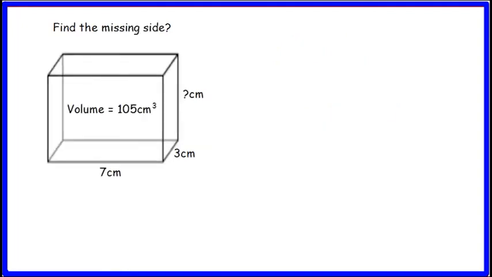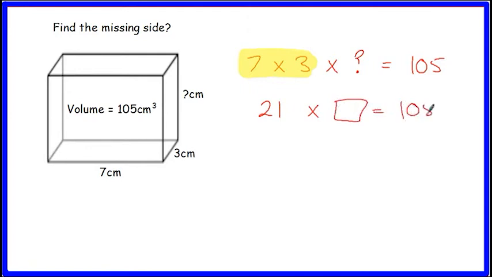Find the missing sides. Okay, so I've got the volume and I've got a missing side. Take the 2 sides that you know. So it's going to be 7 times 3 times something is equal to 105. So 21 times something is 105.